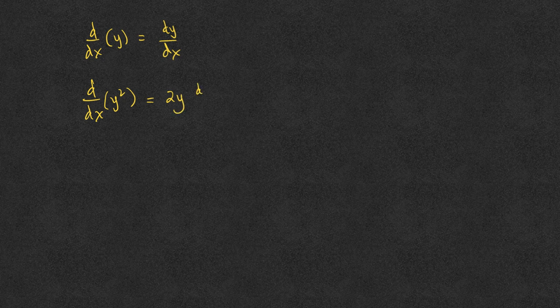Another way to see that the derivative of y with respect to x is dy dx, or the derivative of y squared with respect to x is 2y dy dx, is to think of y as the function f of x.